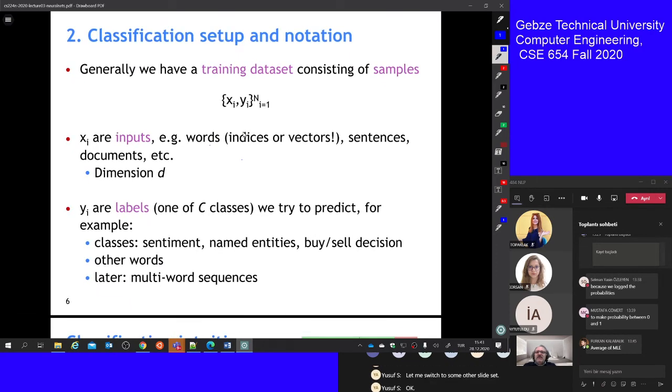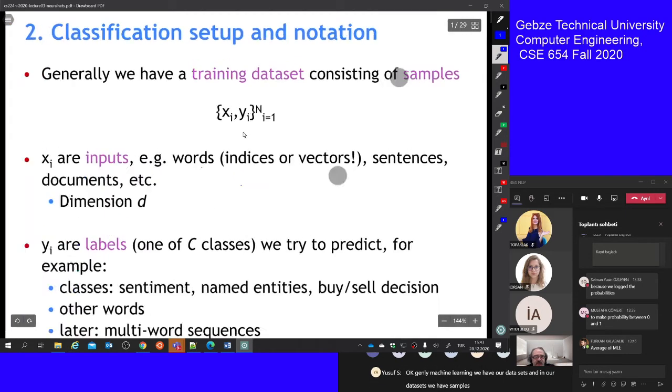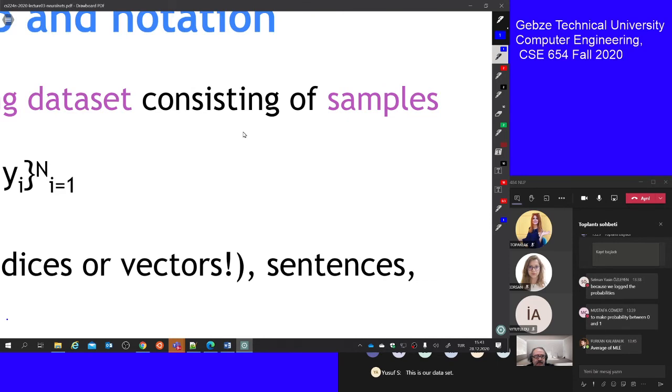So generally in machine learning, we have our data sets, and in our data sets, we have samples. What kind of samples? For example, this is our data set.